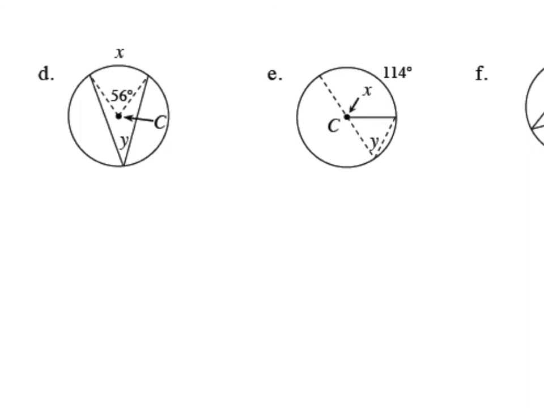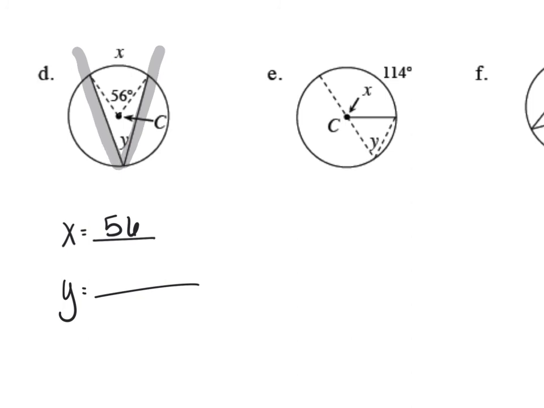All right, step 1 for you, I want you to go through and tell me what is x in this diagram. Okay, once you realize that x is 56 degrees, I should be able to use my inscribed angle to find the value of y.